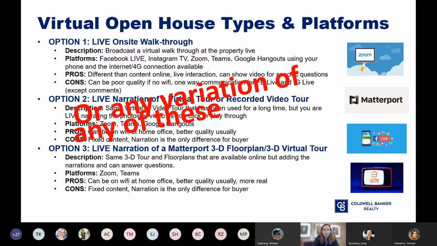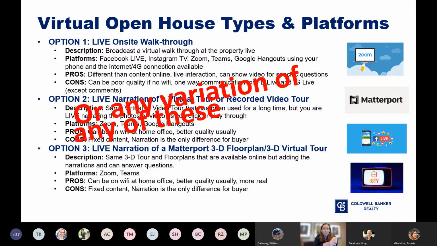The quality, like I said, is high, and also it feels a little bit more like you're on site. It is fixed content that's usually available again online, but the narration I think can be a little more detailed. It can feel like more of a walkthrough, and it's more real, if you will. So those are kind of the three options that we're seeing, and then you also can see a combination or a hybrid of these.